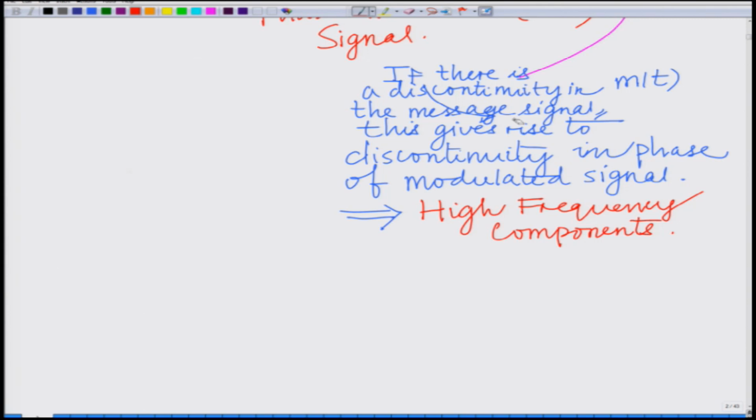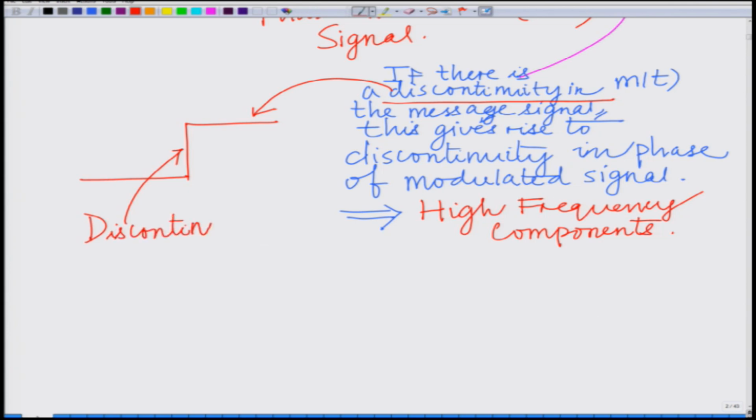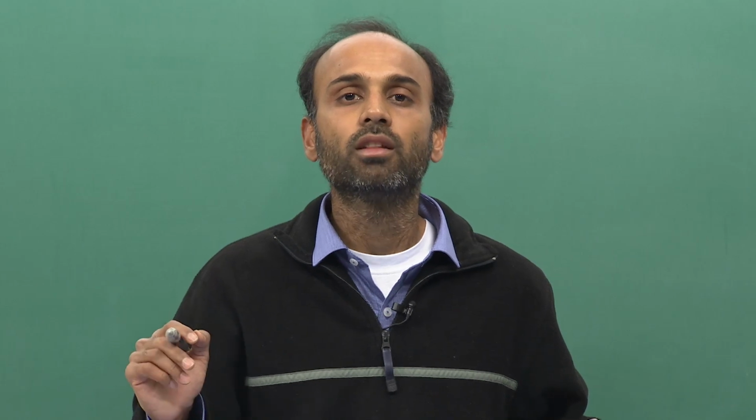So, if there is a discontinuity in the message signal, something like this, that means there is going to be a discontinuity in the phase of the modulated signal, and this gives rise to high frequency components in the output.